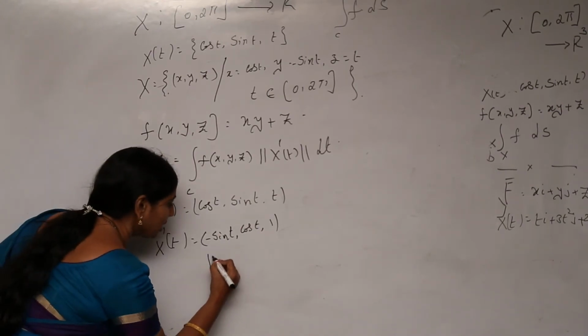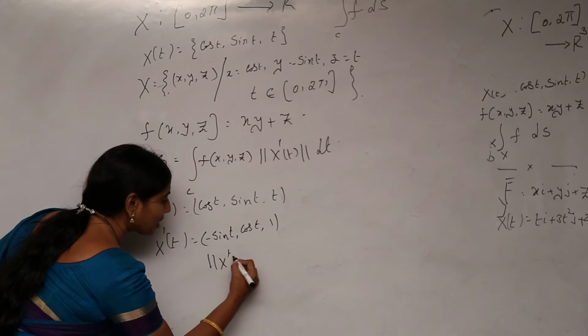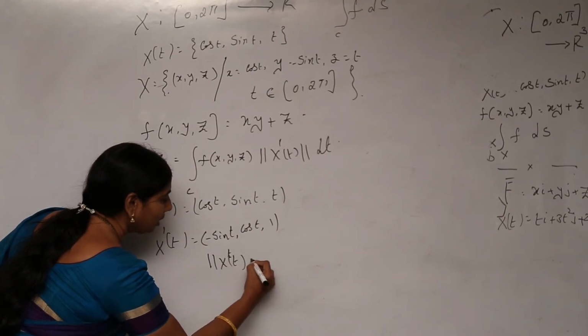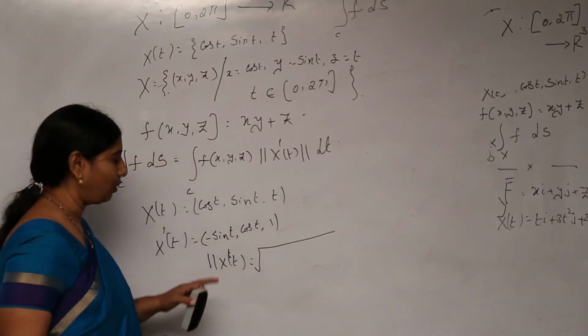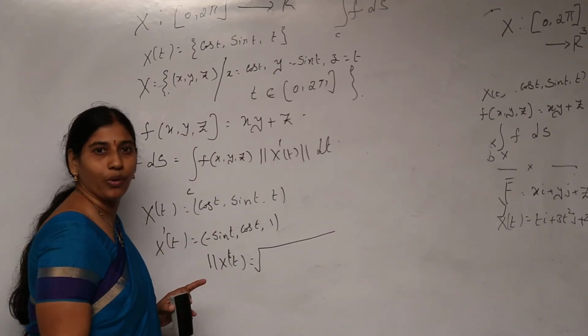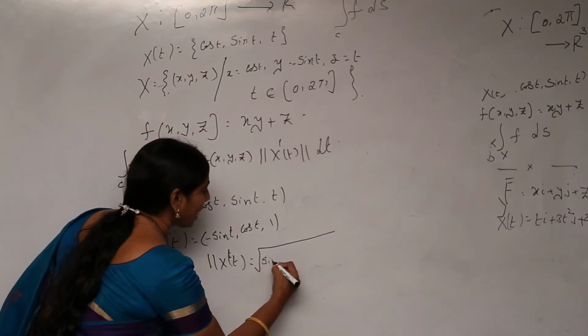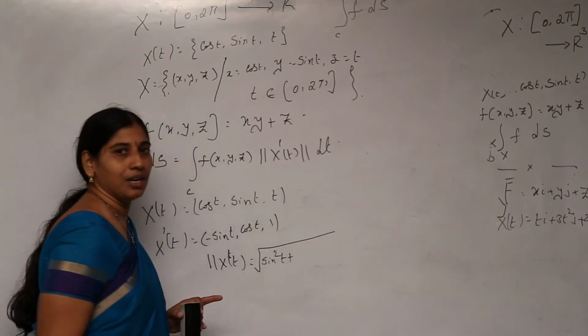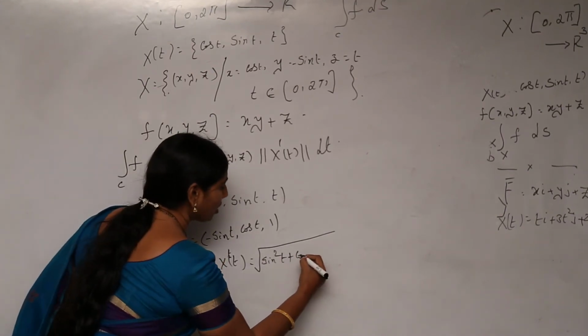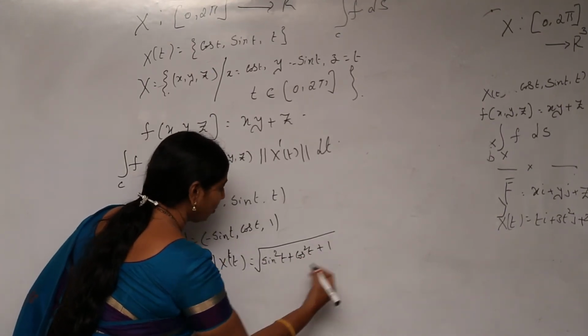Then norm x'(t) is the square root of minus sin t whole squared, which is sin squared t, plus cos squared t, plus 1.